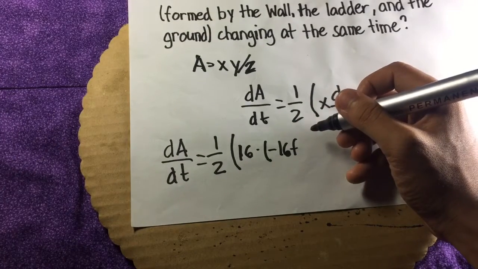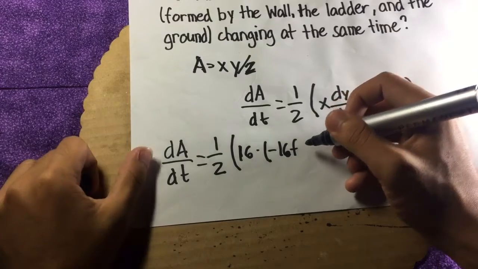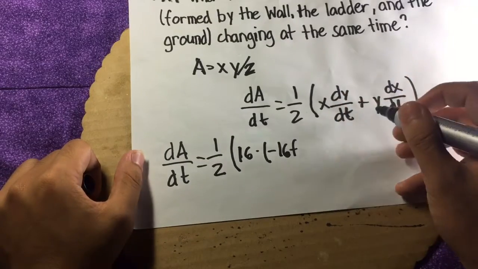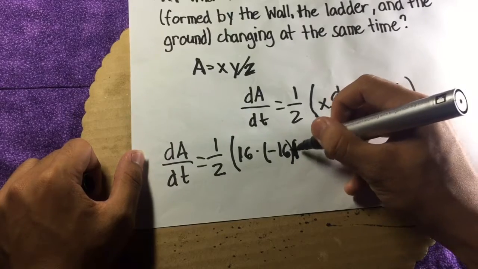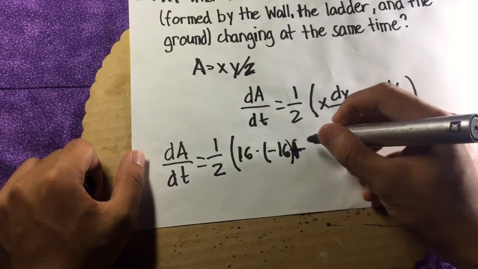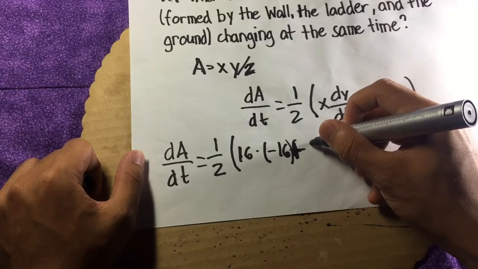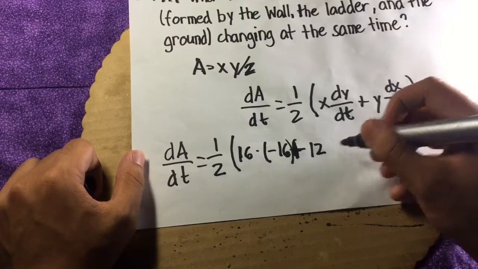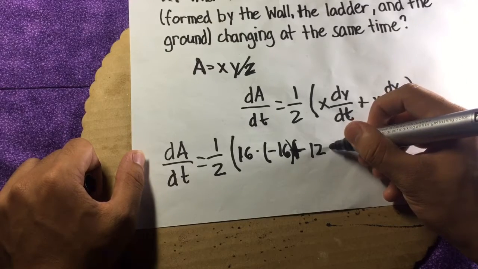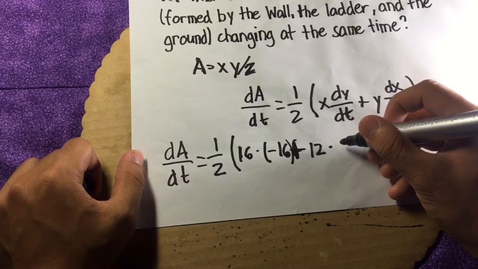Don't need to write the feet per second. Plus y is equal to 12 and dx dt is 12.